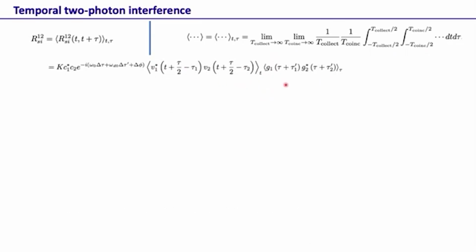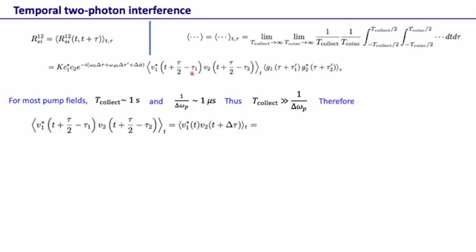For this we do the time averaging over t and tau, but let's first realize that t collect in experiments is typically of the order of a second, the time over which the signals are collected. The inverse frequency bandwidth of pump lasers is of the order of 1 microsecond. So t collect is much larger than 1 over delta omega p.